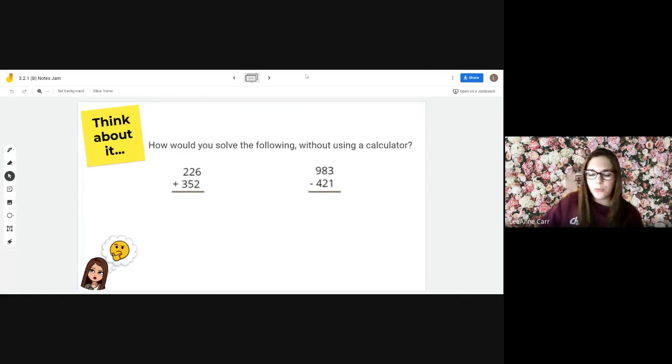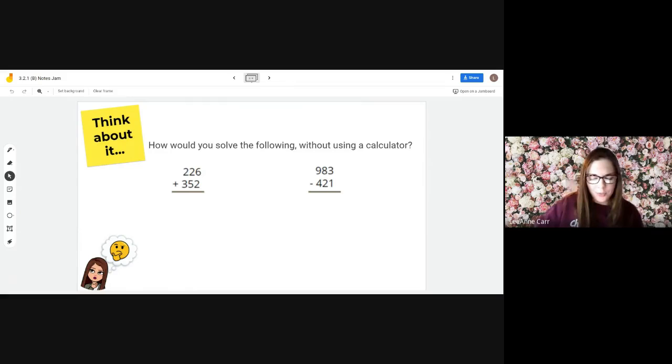All right, now before we get started, I want to rewind all the way back to elementary school. I want us to think about how we would have solved these two problems that you see on your screen without the use of a calculator. When we were taught it way back when, we were told that you need to go column by column. What I mean by that is that you start from the right and all the numbers that are in similar columns will either be added or subtracted.